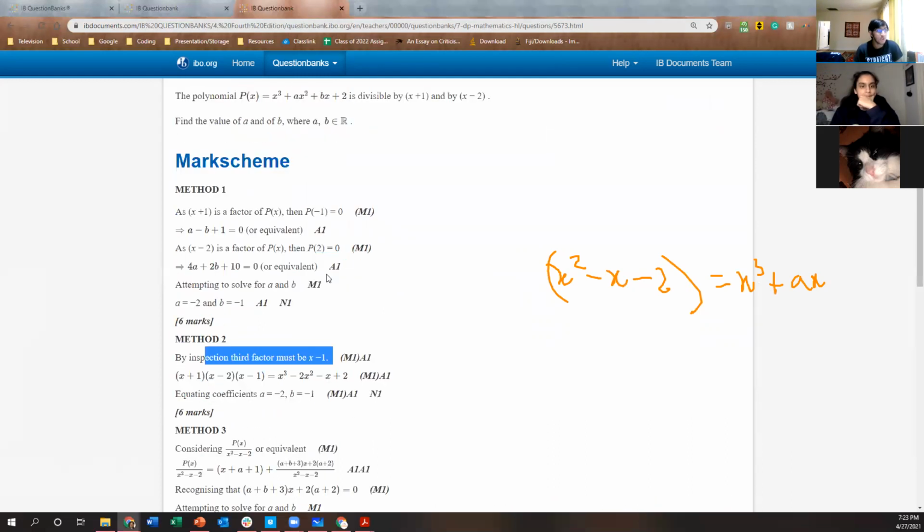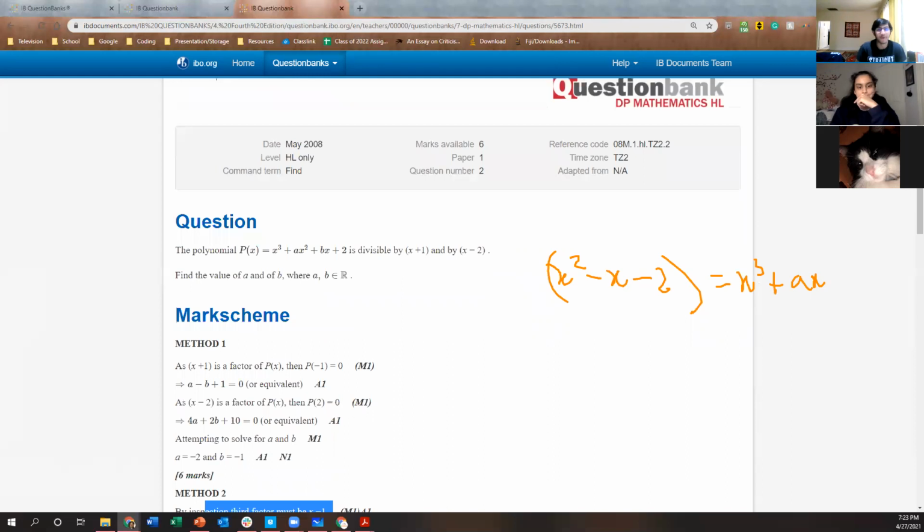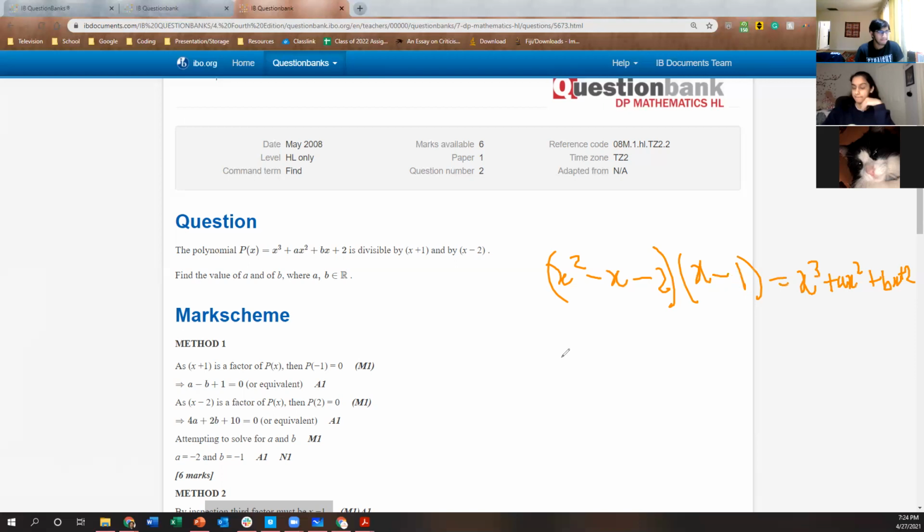I'm not good at that kind of stuff, but you seem to be really good at spotting things really quickly. So I'll write that -1 in, and then you may continue. Then I'll get x cubed minus 2x squared minus x minus 2, and I know that my a value will be -2 and my b will be -1.